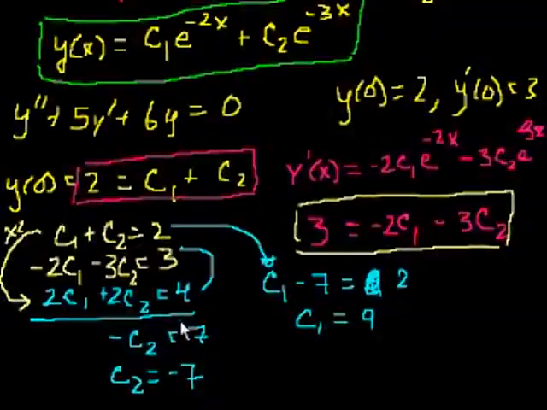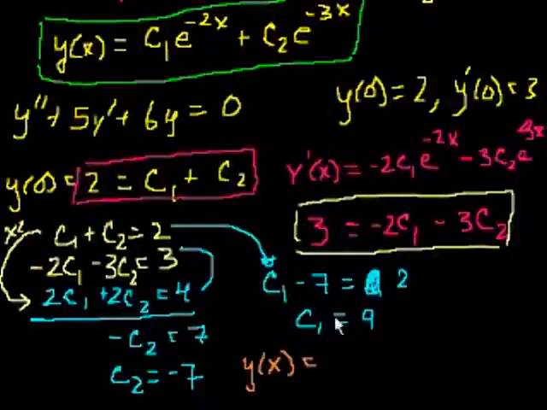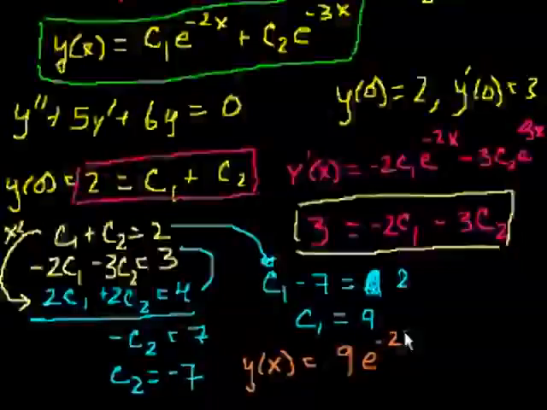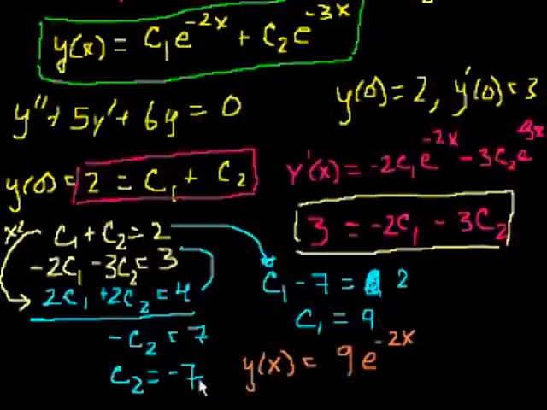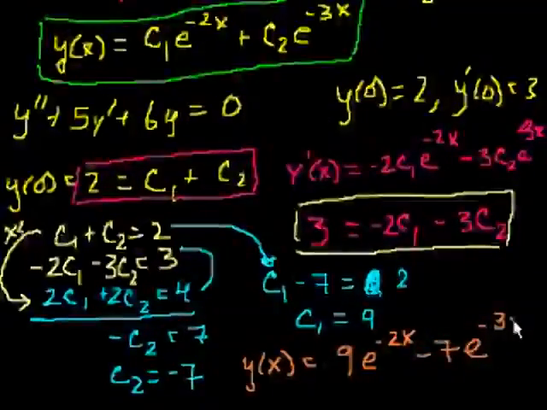Now we have our particular solution to the differential equation. This was our general solution, and we can just substitute our C1 and C2 back in. We have our particular solution for those initial conditions. So our particular solution is y of x is equal to 9e to the minus 2x, minus 7e to the minus 3x.